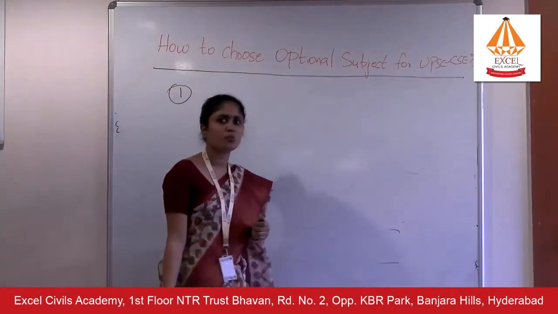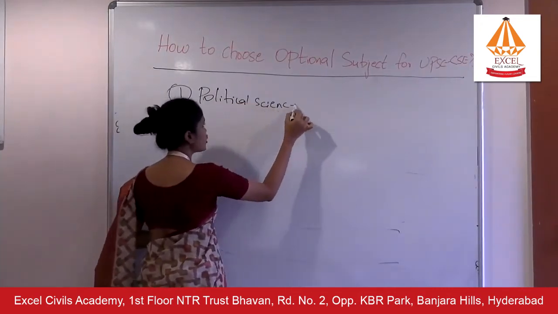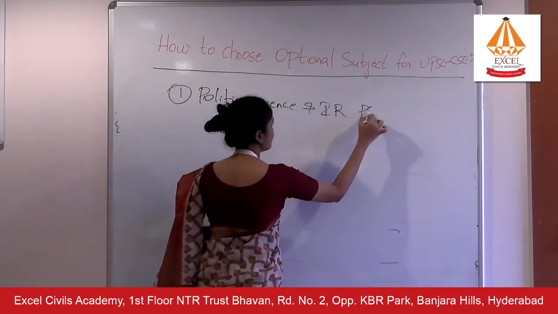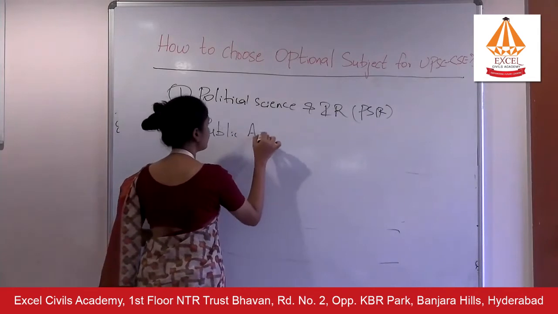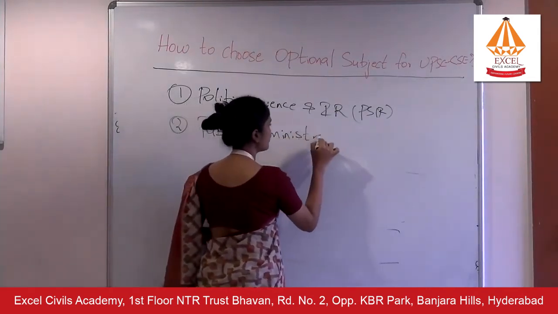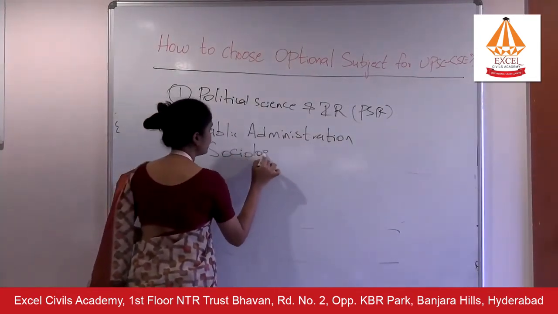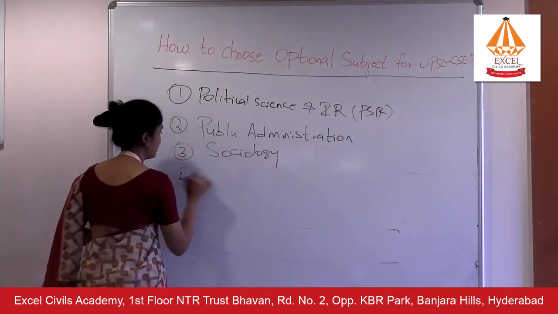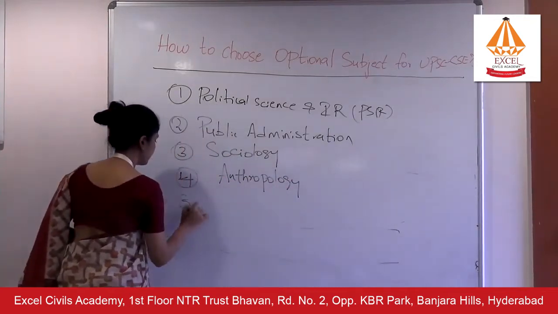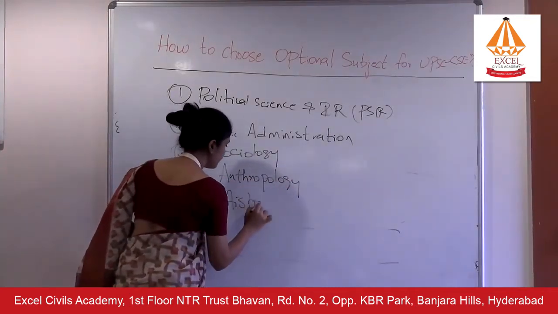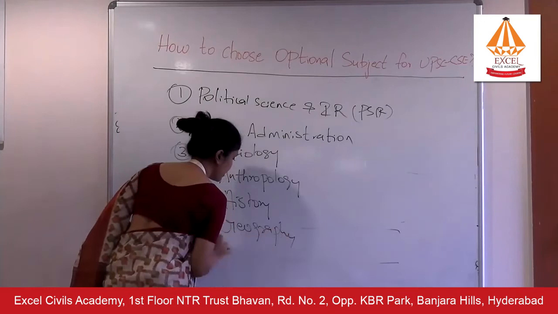Now, among the social science optionals, you have your political science and international relations, PSIR. You have public administration. You have sociology, anthropology, history, geography.